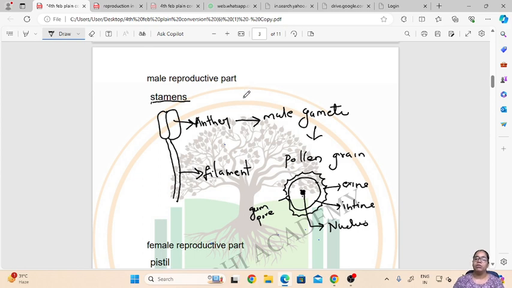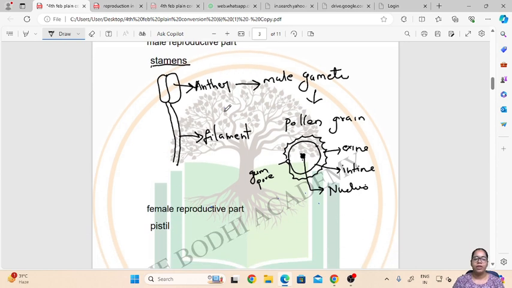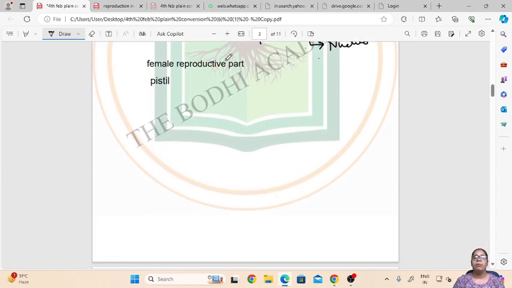So this was the first part of the flower, that is the male reproductive part, the stamen. Now let us move to the female reproductive part, which is called the pistil.